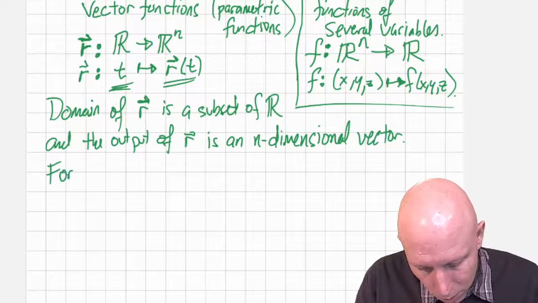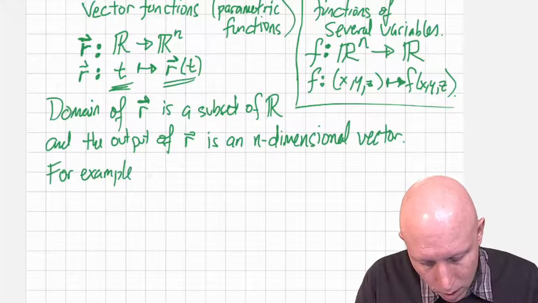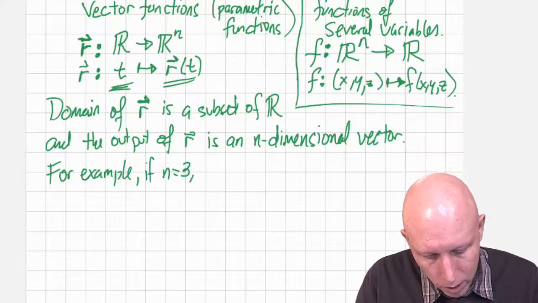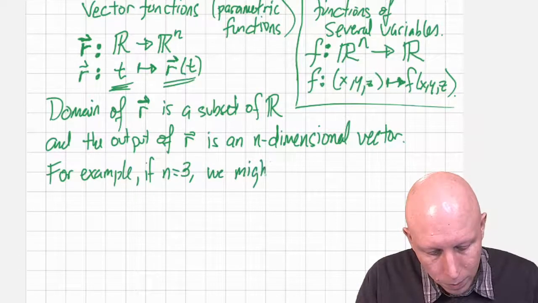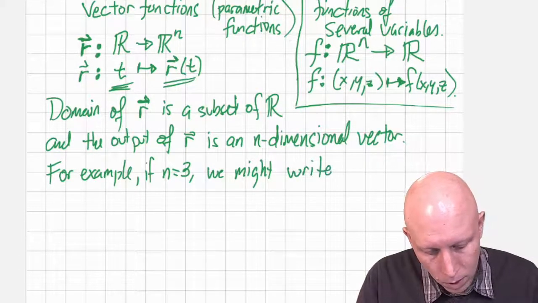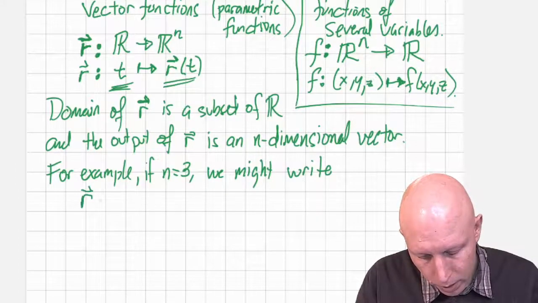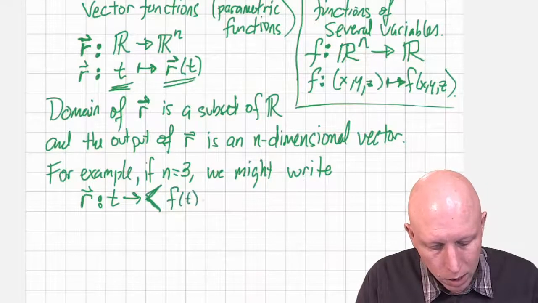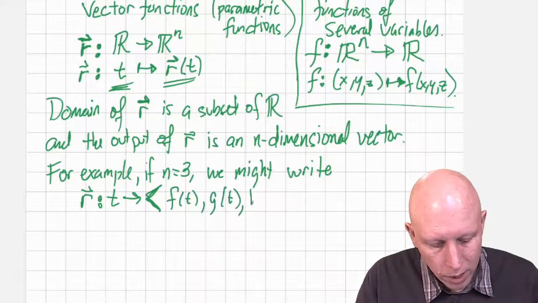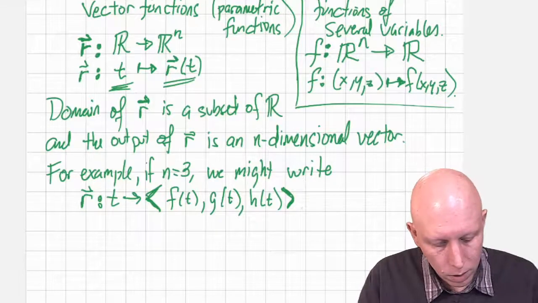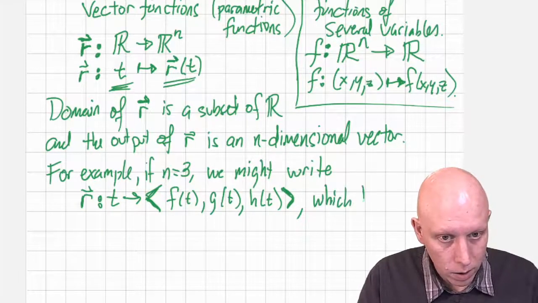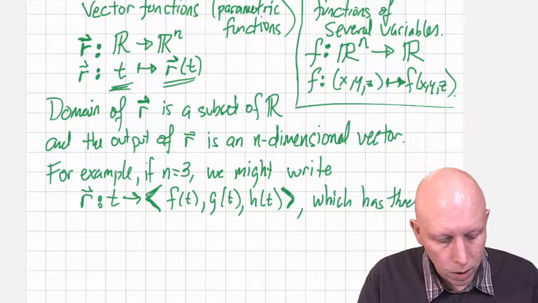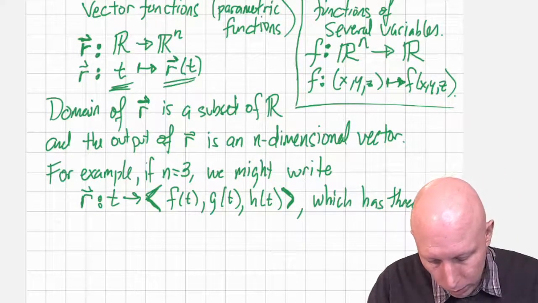So, for example, if n is equal to 3, we might write r takes t to a vector of size 3, f of t comma g of t comma h of t, which has 3 functions.